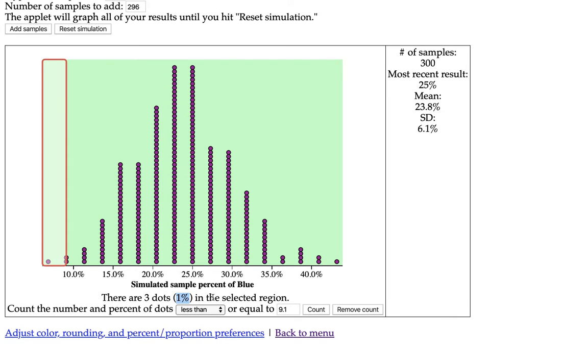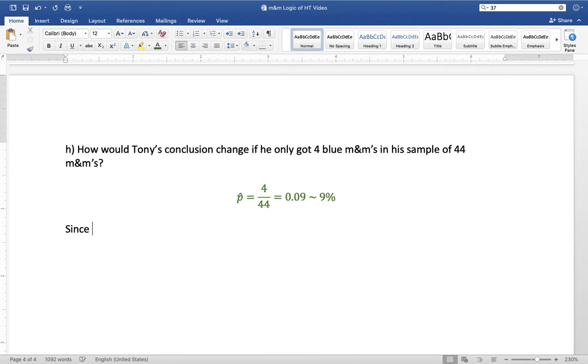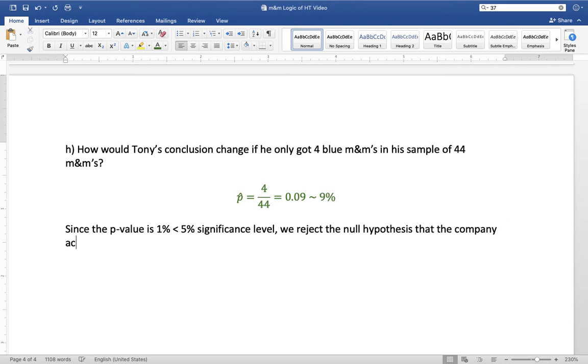So our conclusion would be, since the p-value is 1% and is less than the 5% significance level, we reject the null hypothesis that the company actually produces 24% blue M&Ms.